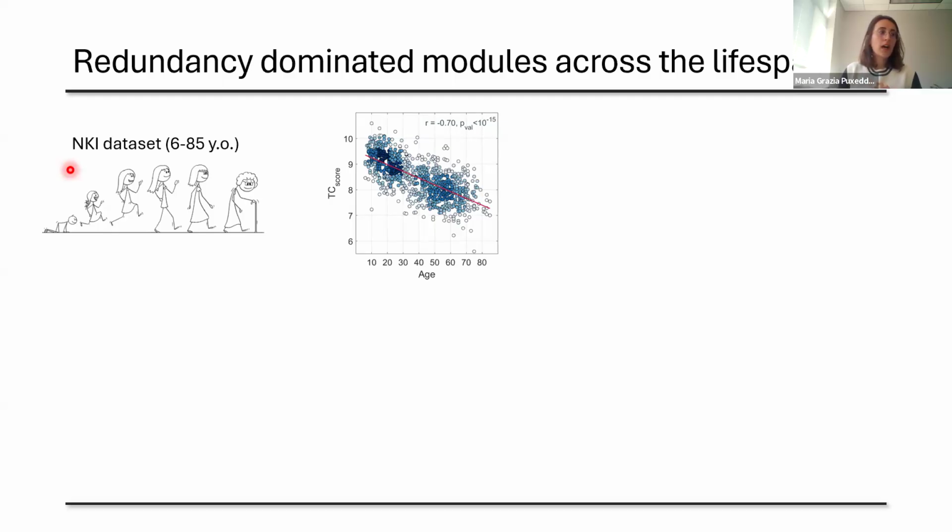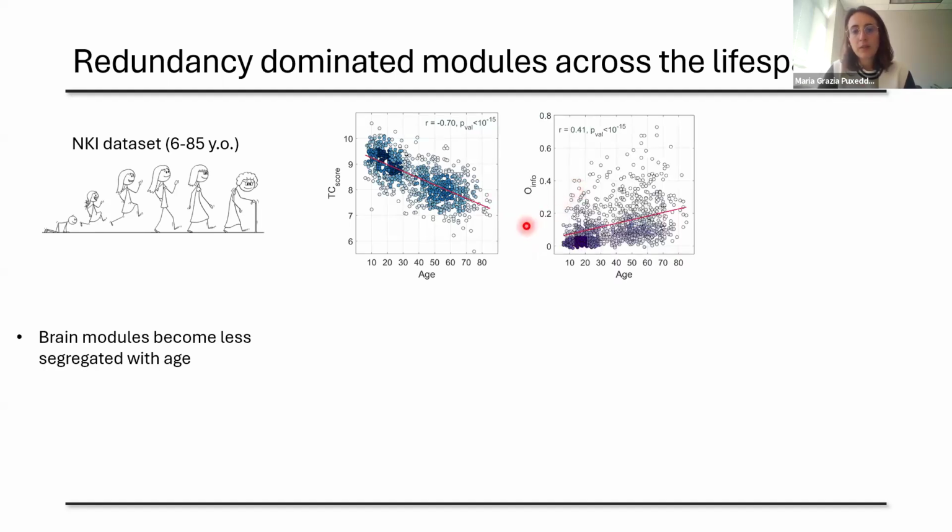We observed how our quality function changes with age, and we saw that it decreases with age. So when we get older, the modular structure that we find displays lower t-score. So the modules have lower redundancy.